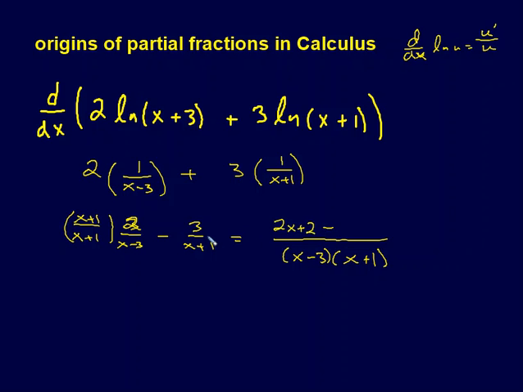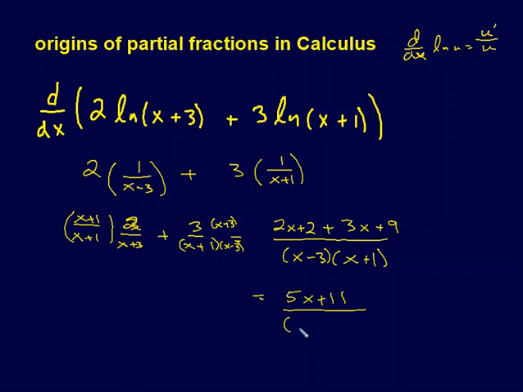And then the other side, we need to multiply by x plus 3 over x plus 3. So that would become 3x plus 9. So my grand total in the numerator is 5x plus 11.